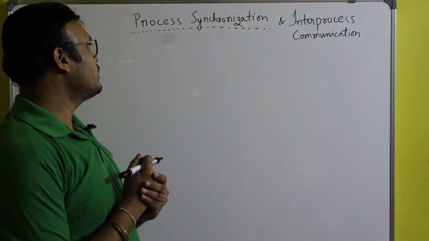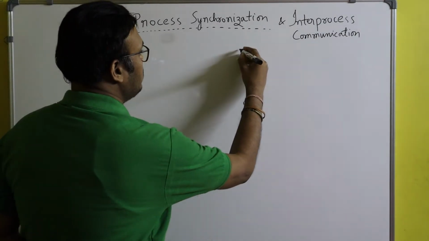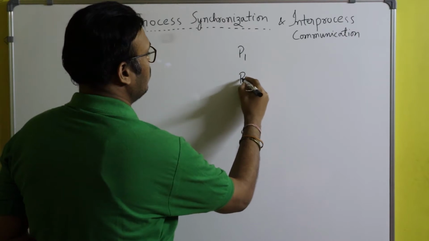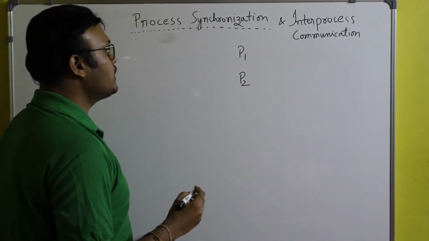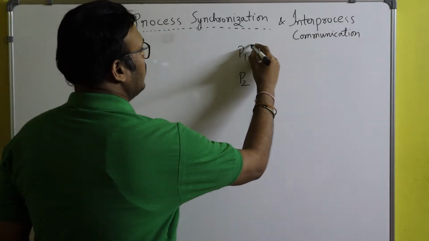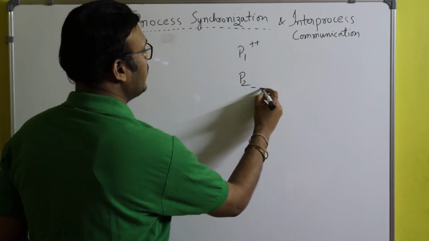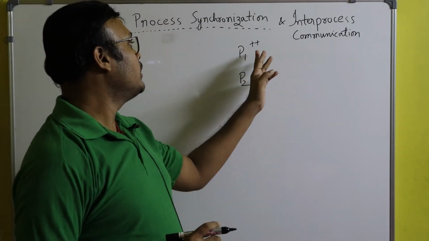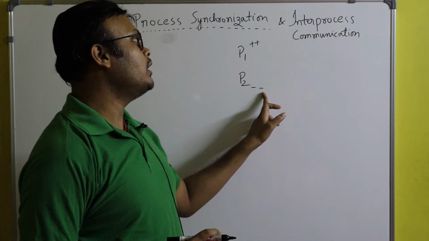You just see here. Suppose there are two processes, process P1 and process P2. Process P1's task is to increment, and process P2's task is to decrement.